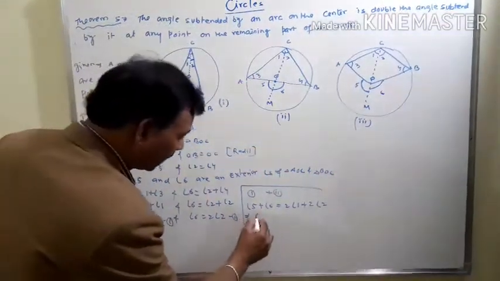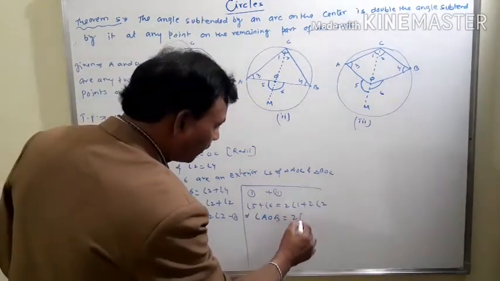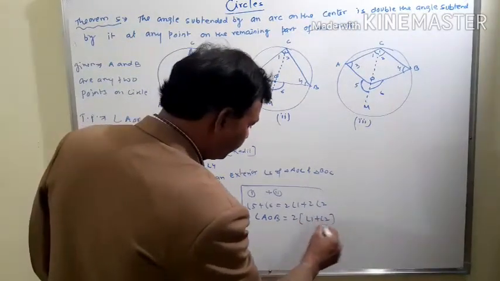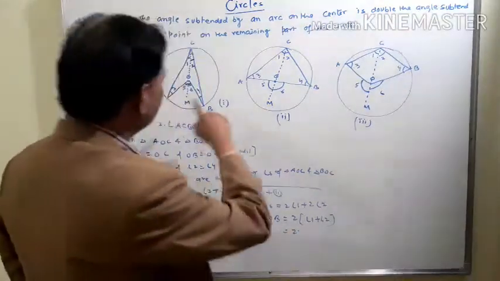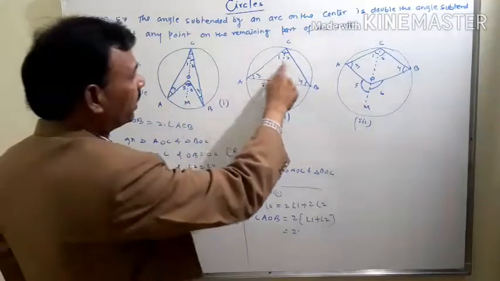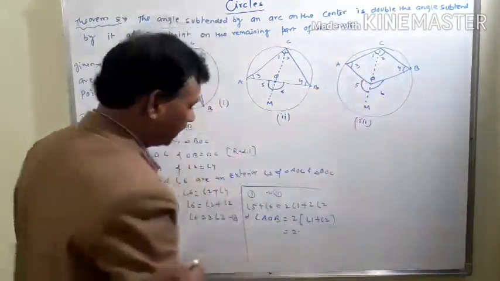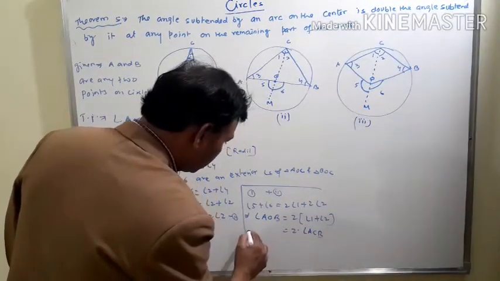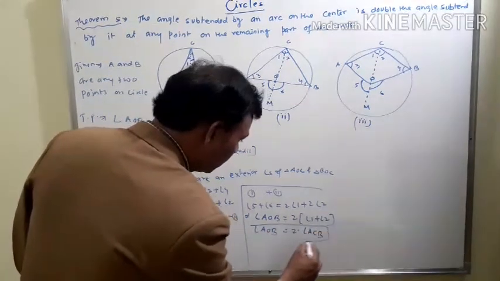That means angle AOB equals, taking 2 as common, 2 into angle 1 plus angle 2, in each situation. Angle 1 plus angle 2 equals angle ACB. That means angle AOB equals 2 into angle ACB.